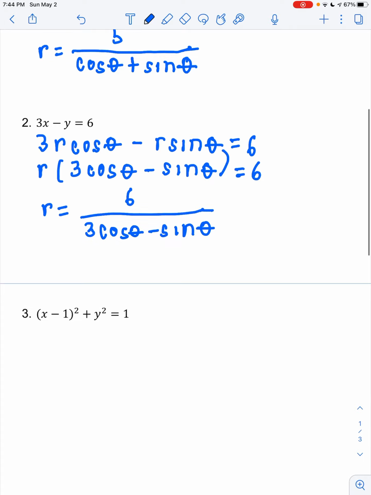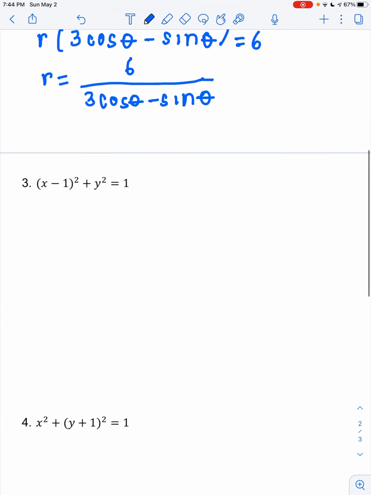These next ones are going to be equations in rectangular form that represent circles. I hope you recognize in number 3, it's the equation of a circle that has a center of 1, 0 and a radius of 1. I'm going to go ahead algebraically and simplify the quantity x minus 1 squared first before I substitute in for x to make it a little easier.